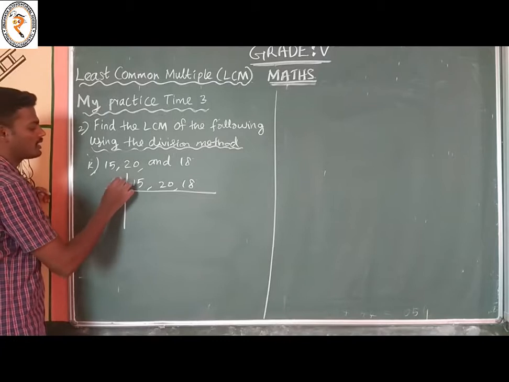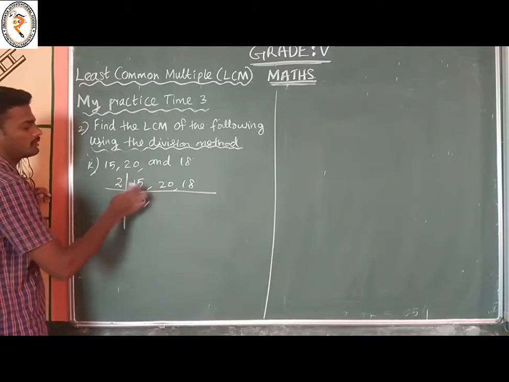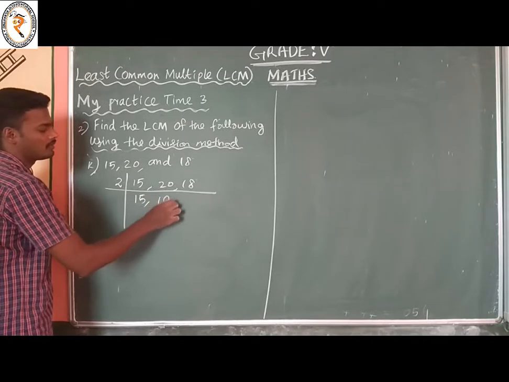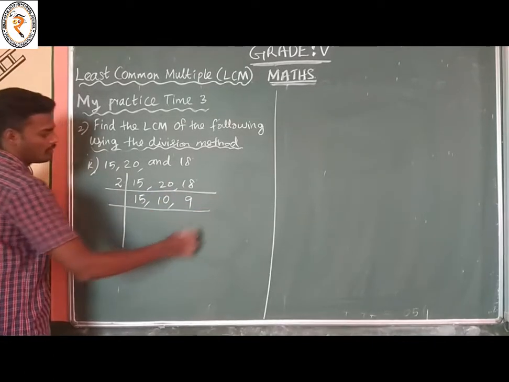We can do it in the second table. 15 is not in the second table, so bring down 15. Next, 20 comes 10 times, 18 comes 9 times.